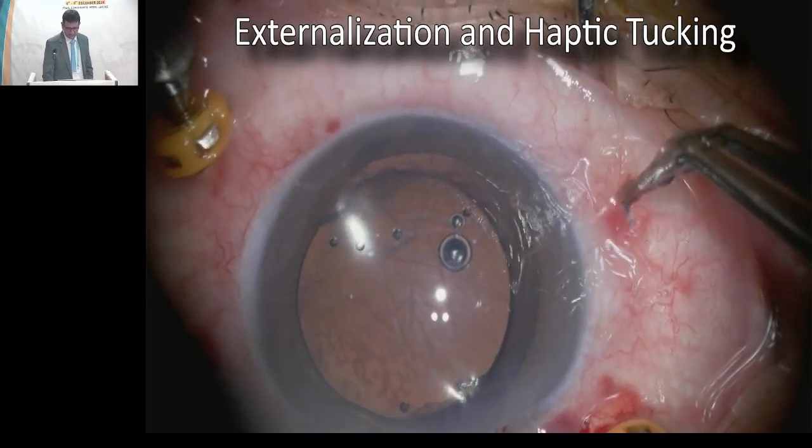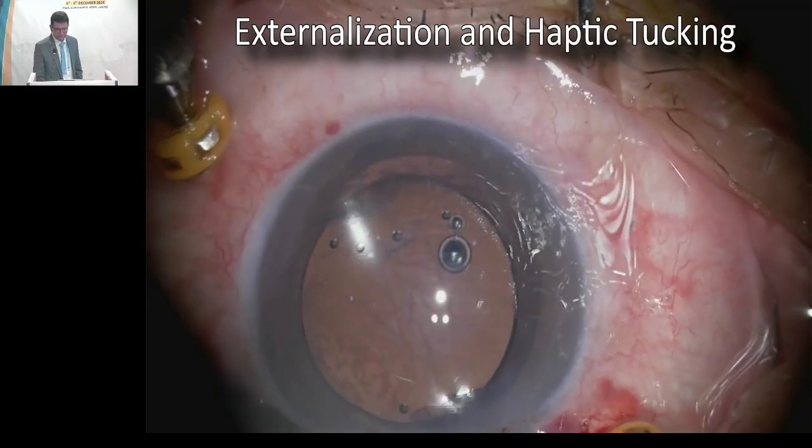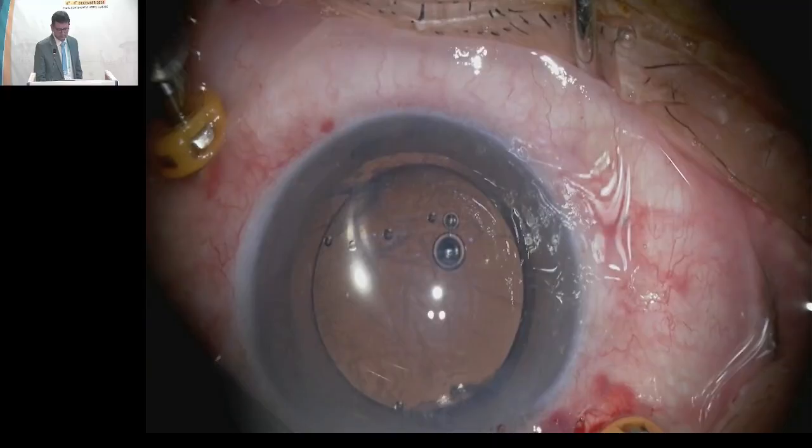Burial of externalized haptics and flange into the scleral tunnel. The intraocular lens is well centered as observed at the end of the video. Thank you for your attention.